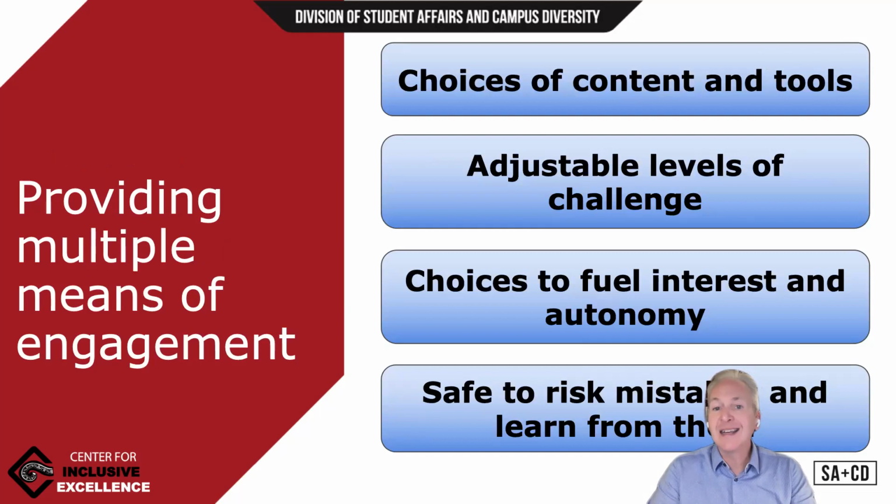Providing multiple means of engagement examines how students are engaged or motivated to learn. Remember that what excites one student won't necessarily excite other students. Offer choices of content and tools. Offer adjustable levels of challenge. Give students choices to fuel their interest and autonomy.